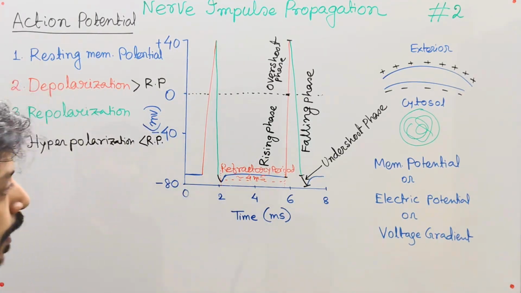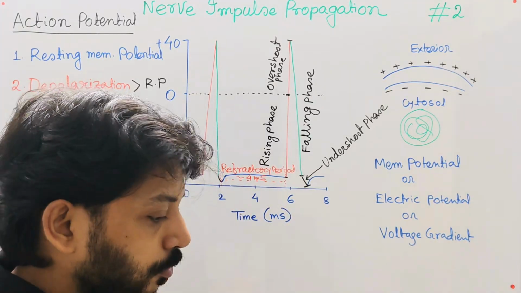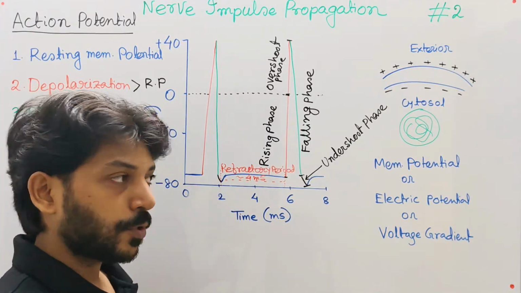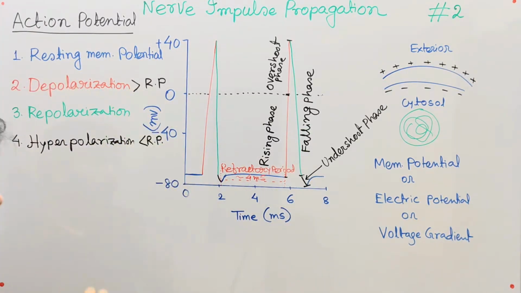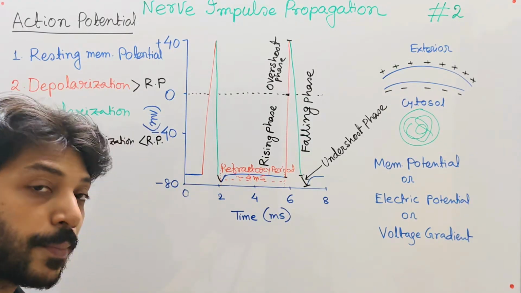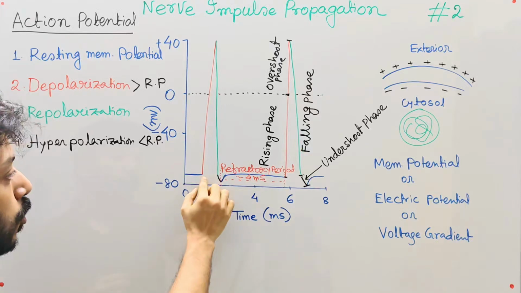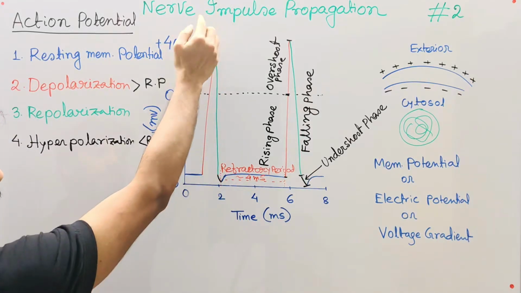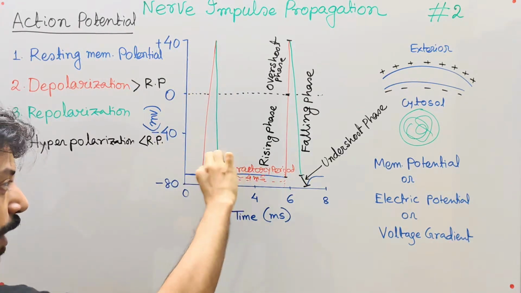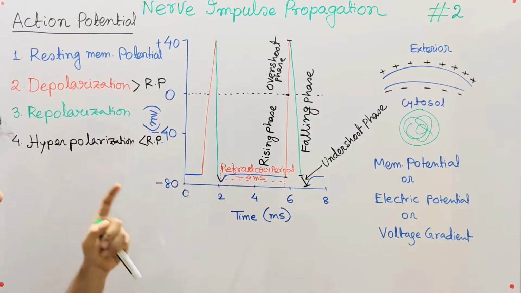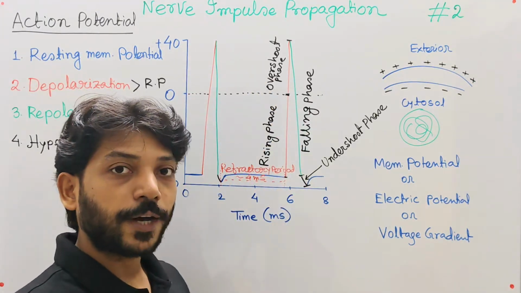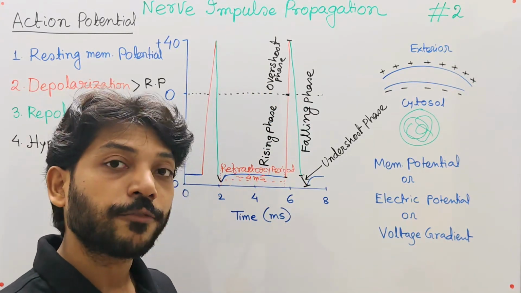Remember this. Now, in another way, we can also divide these three potentials, because in these potentials the membrane potential of the resting condition actually changes. In the case of depolarization it rises, in the case of repolarization it falls, and hyperpolarization means less than the resting membrane potential. Now we can also divide this action potential into different phases.